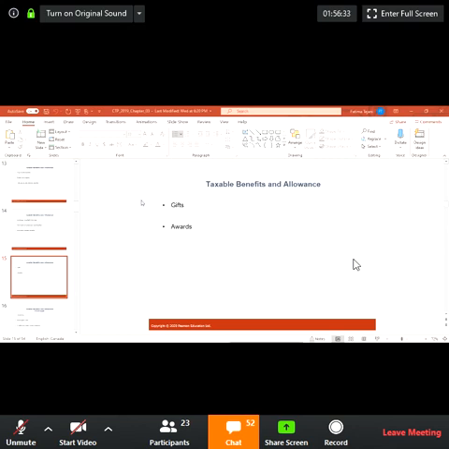However, cash and near-cash benefits are always taxable. Non-cash can sometimes be non-taxable, but cash or near-cash benefits offered to the employee are always taxable. Now, what is a near-cash gift? A near-cash gift functions like a gift card which can be used like cash.